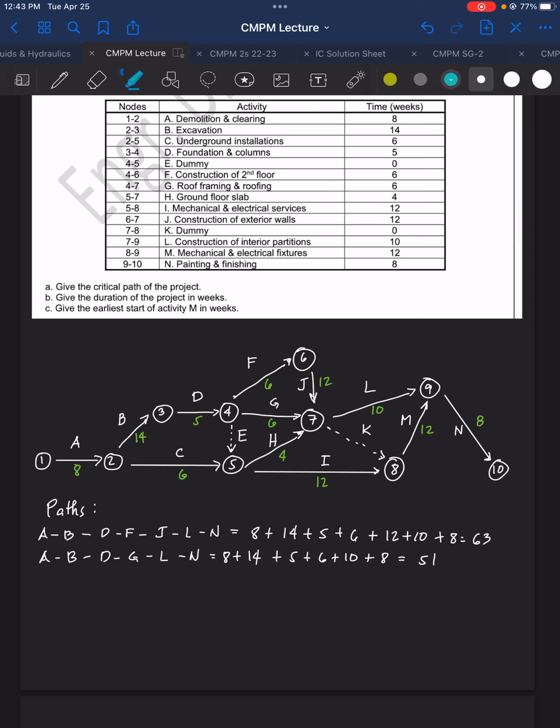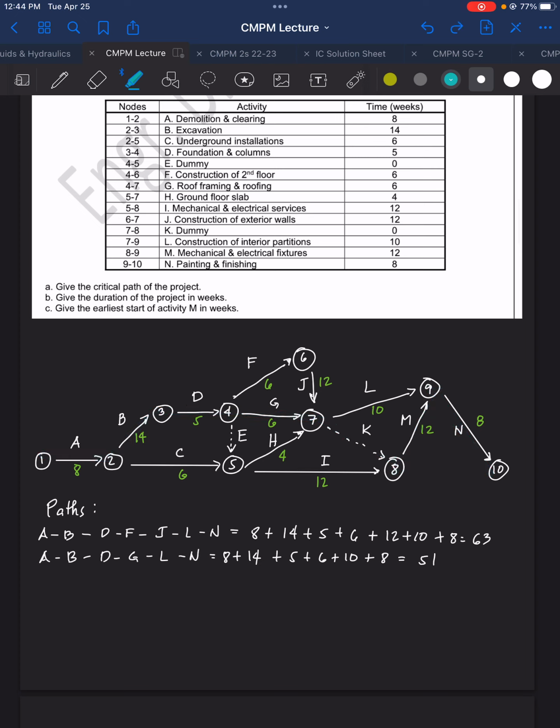Next path, we have A, B, next D, which one? G. We have here K. We'll be using the dummy K, then M, and then N. So that's the third path.